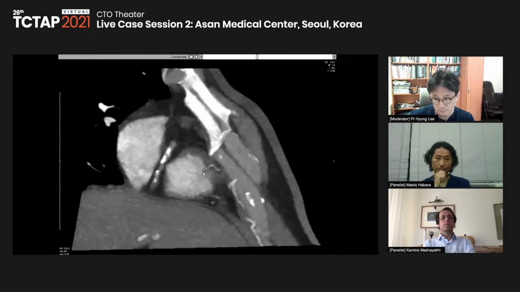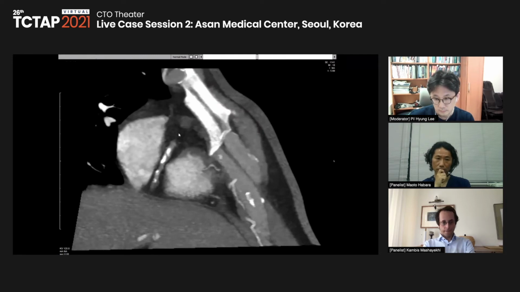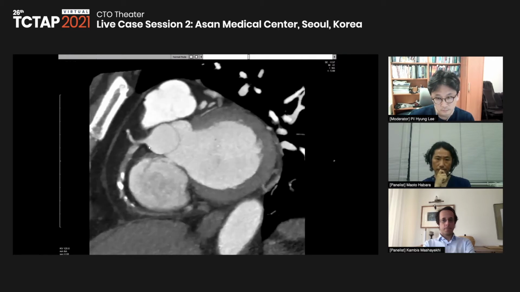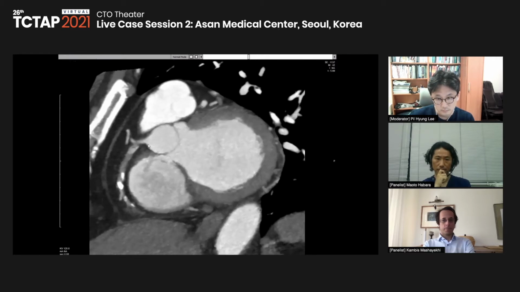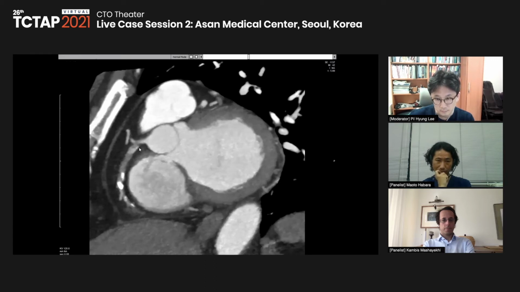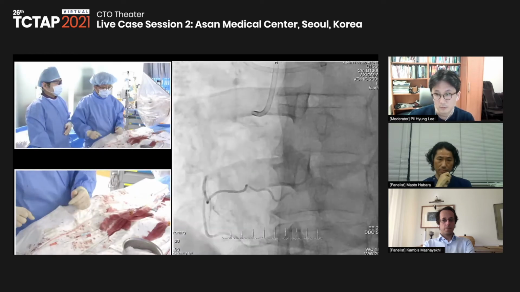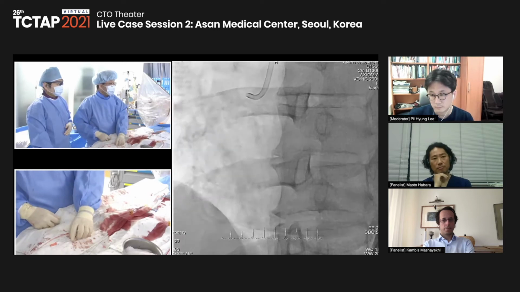In the RAO view, maybe the wire has to go at the mid portion of the first calcium. We can see that the angulation from the proximal cap is about 45 degrees toward the CTO segment, and there's no calcium at the entry point. That's a good part.